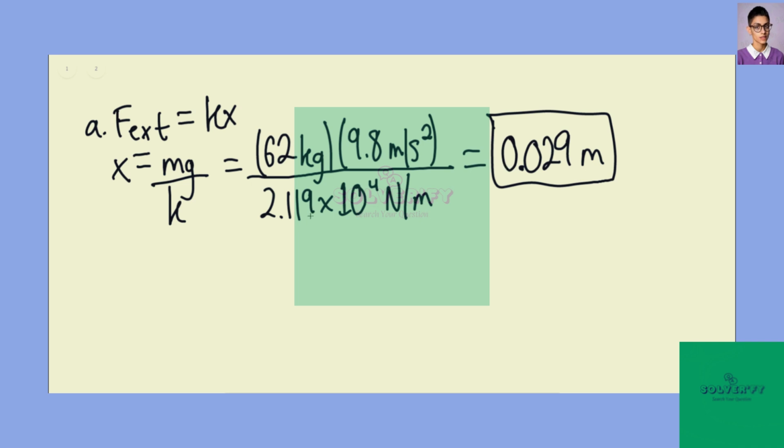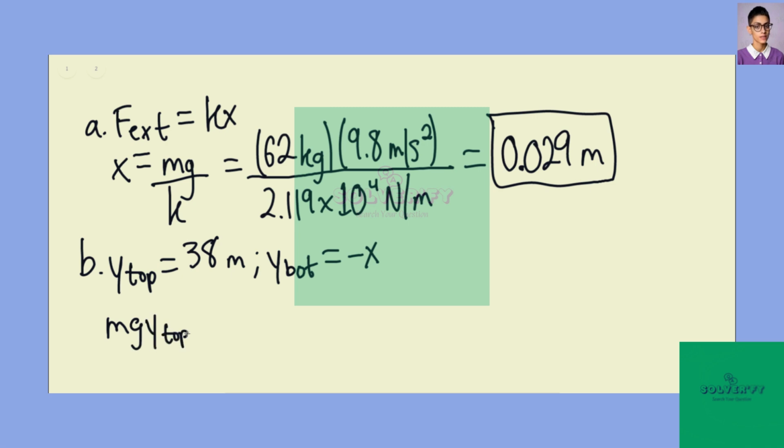And then for part B, we know that y at the top now is going to equal 38 meters. And we're saying that y at the bottom will equal negative x. Therefore, again, mgy at the top equals mgy at the bottom plus 1/2 kx squared.